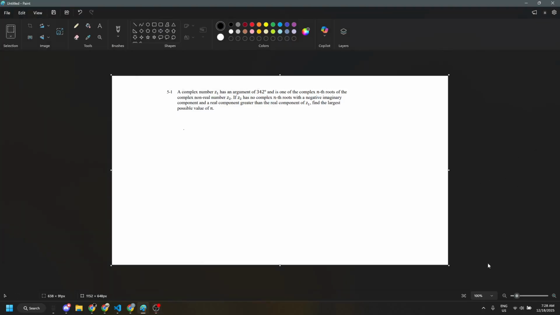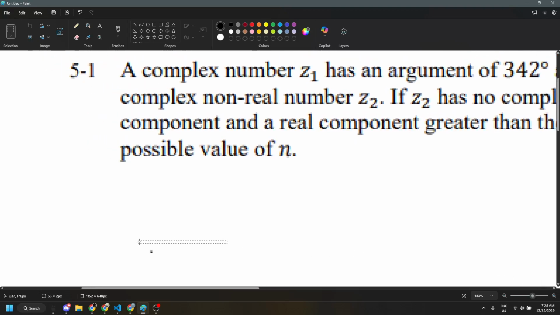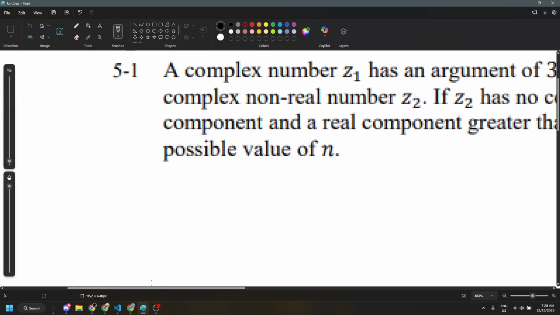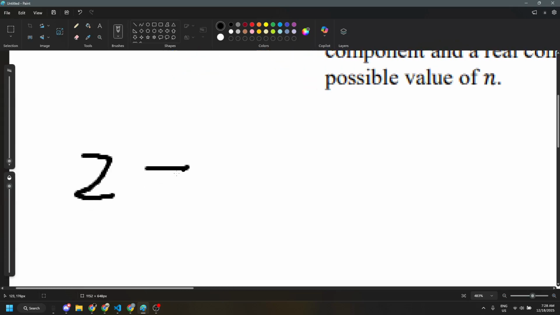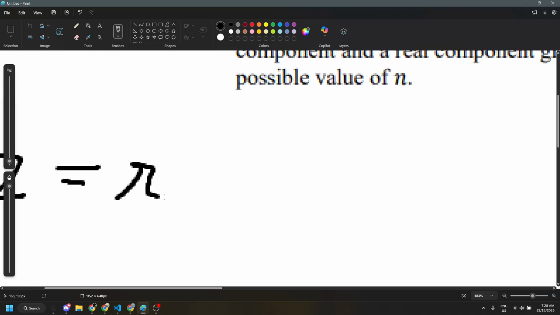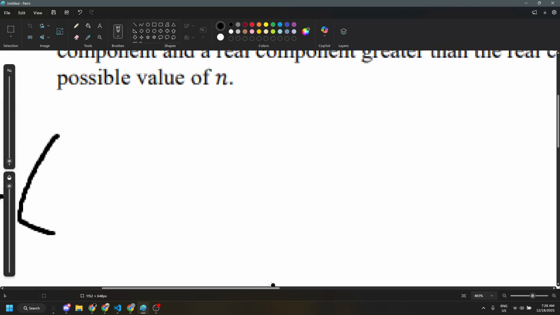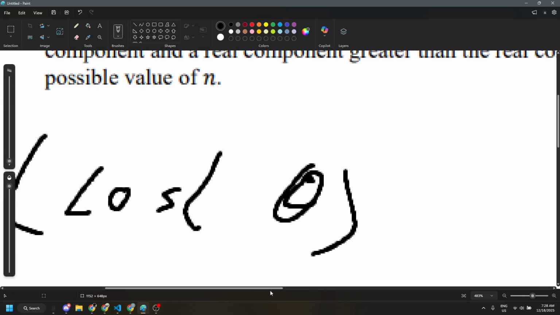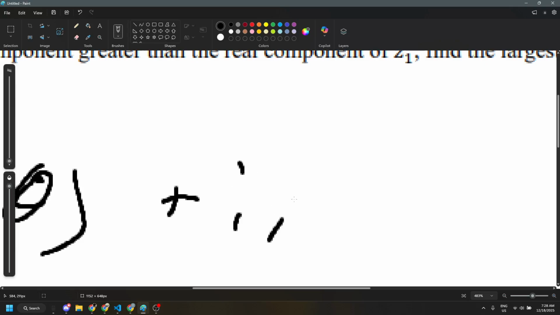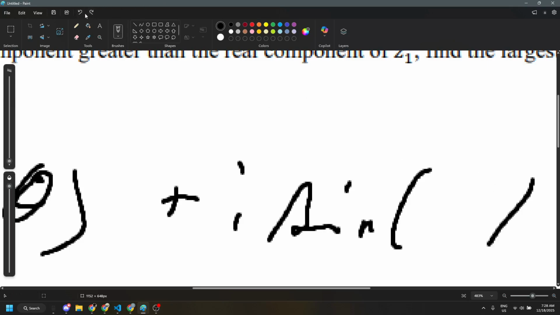Let's try this. So this problem uses De Moivre's theorem. Just to recap, De Moivre's theorem says that if we have a complex number z, that's equal to r times cosine of theta plus i sine of theta.